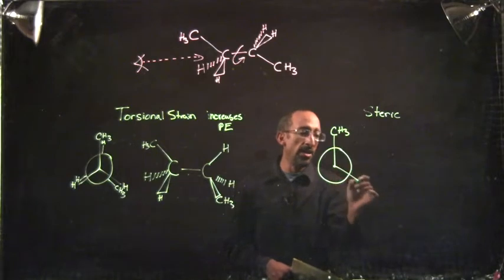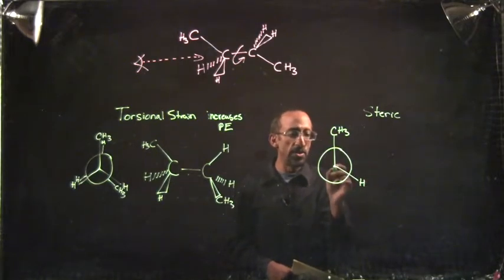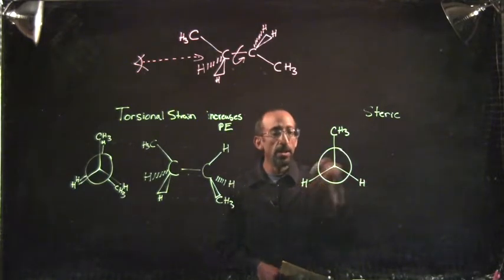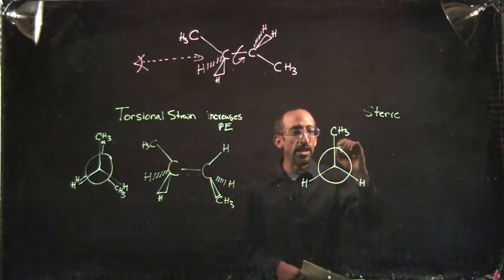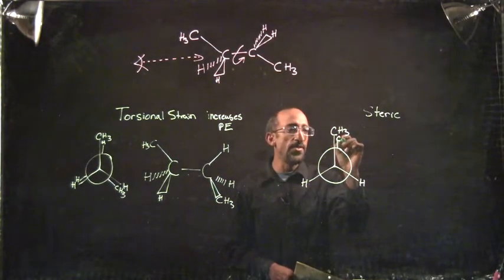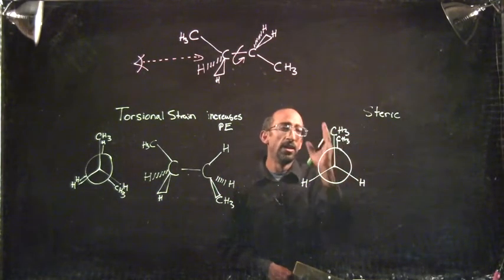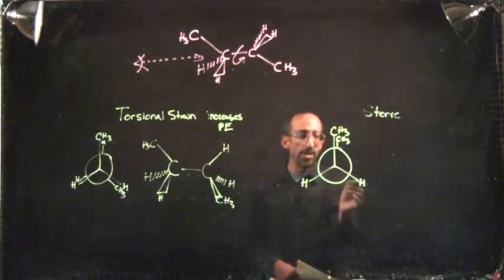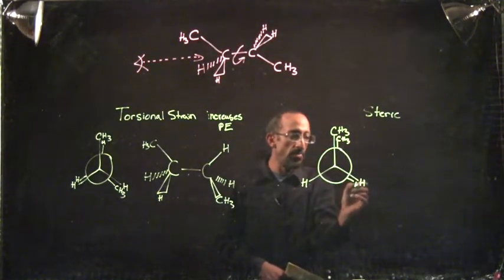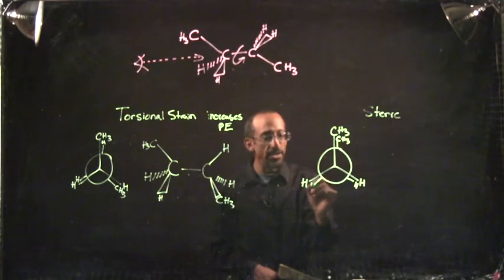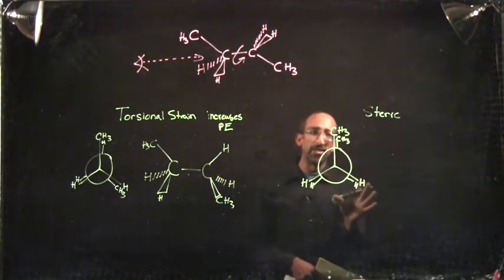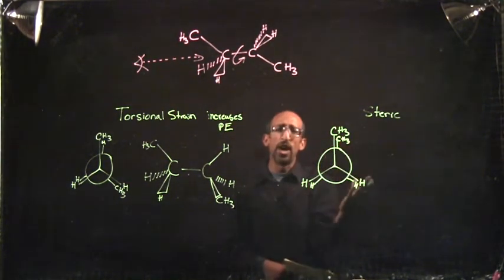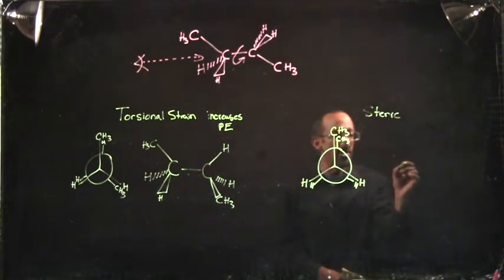So I'll draw my front carbon and its substituents first. And for totally eclipsed, I would have both of my methyl groups aligned and eclipsing each other, which puts both of these back hydrogens eclipsing the front hydrogens. Let's draw a sawhorse projection of this to see what's happening.